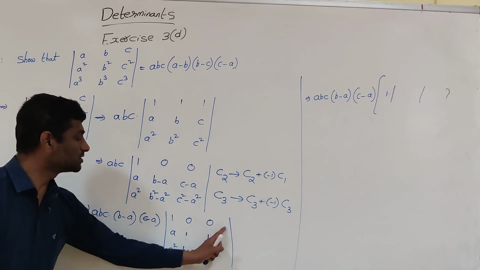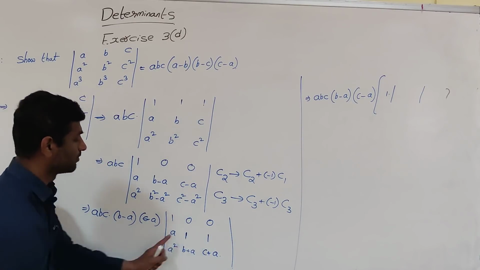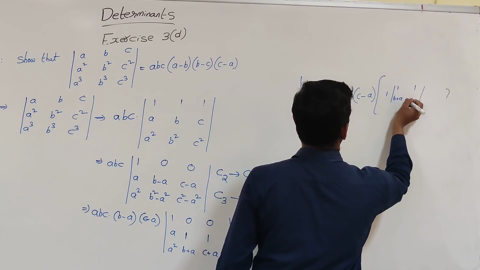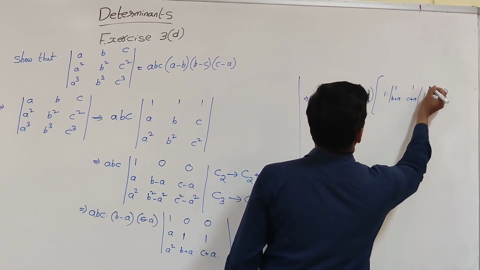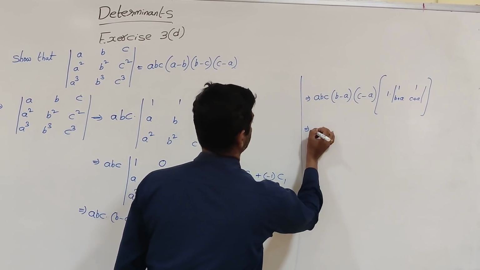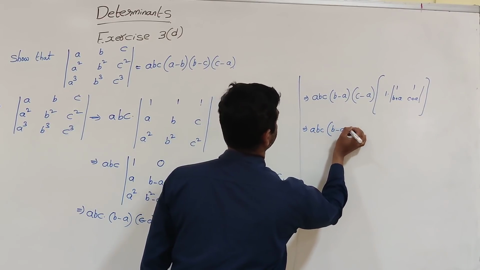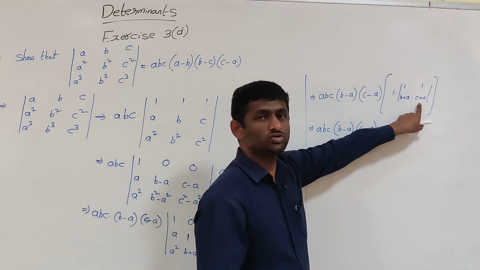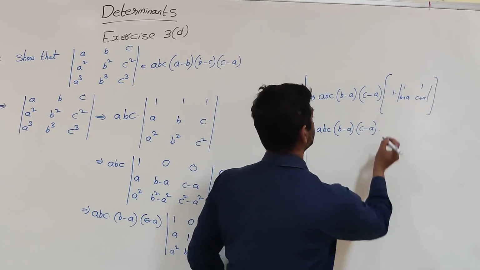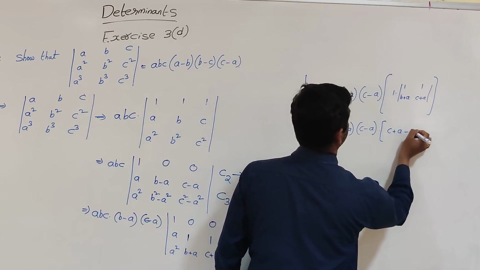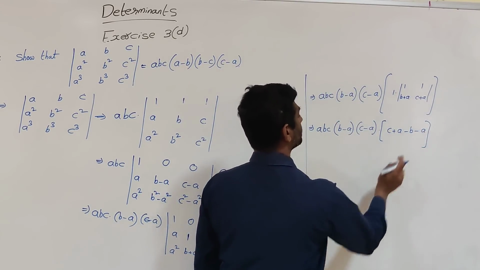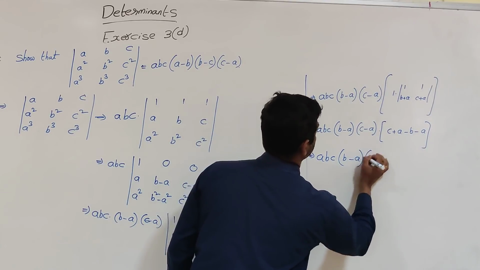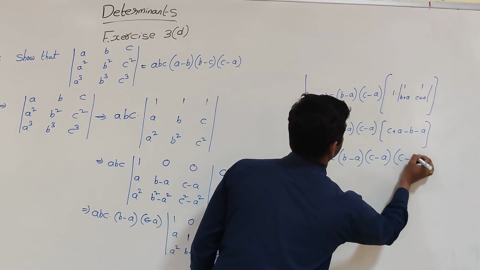After hiding the first row and first column, you will be left with 1 1, B plus A, C plus A; 1 1, B plus A, C plus A. A, B, C into B minus A into C minus A into the determinant of the matrix, which is the product 1 into C plus A minus B plus A into 1, that gives C plus A minus B minus A. So again A minus A gets cancelled, A, B, C, B minus A, C minus A into C minus B.